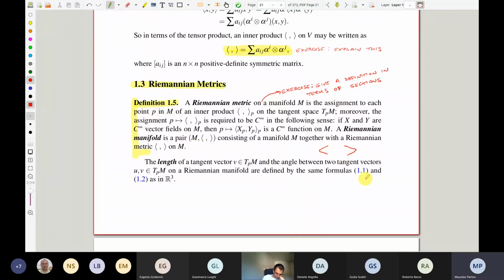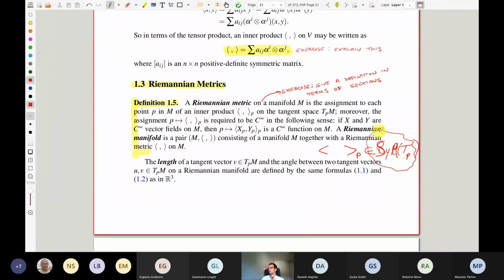But it's a scalar product on the tangent space, and we have several tangent spaces. So I should put a point here. And this is a scalar product, so I can say a bilinear map, symmetric, on the tangent space. Okay, so you see, it's very easy to make a cumbersome notation, very hard to understand, but the concept is very nice.